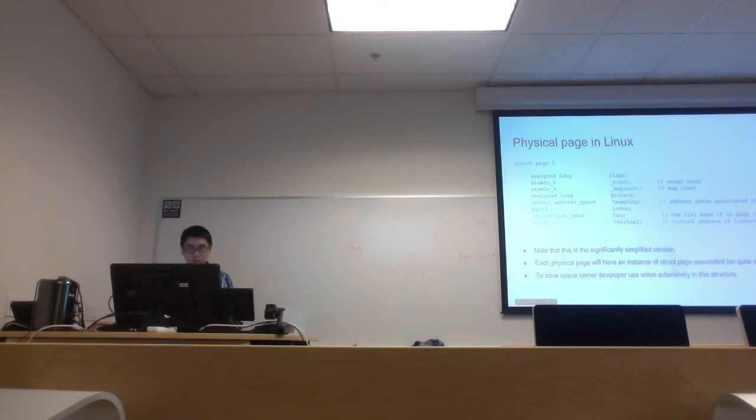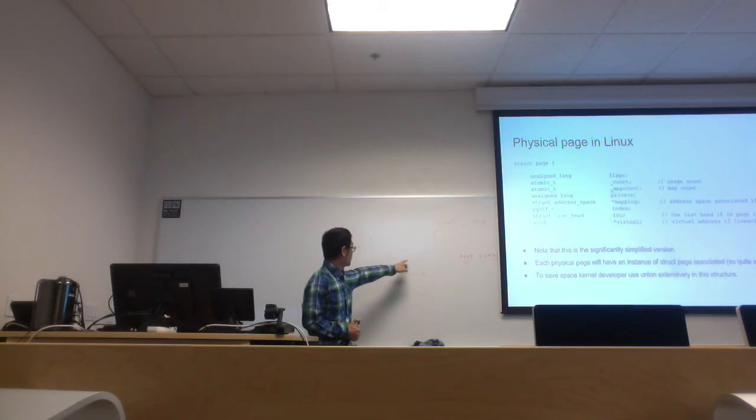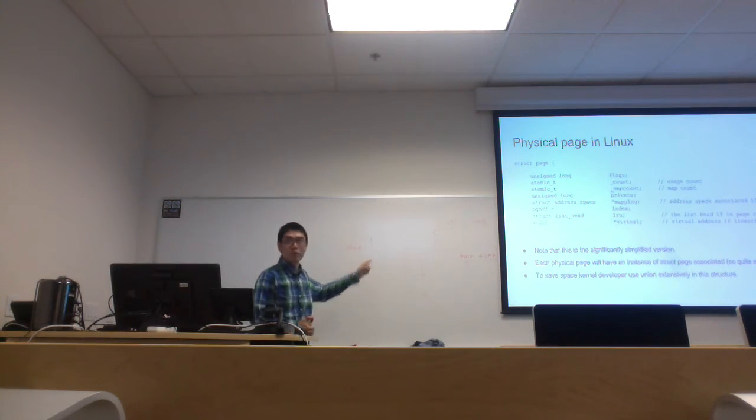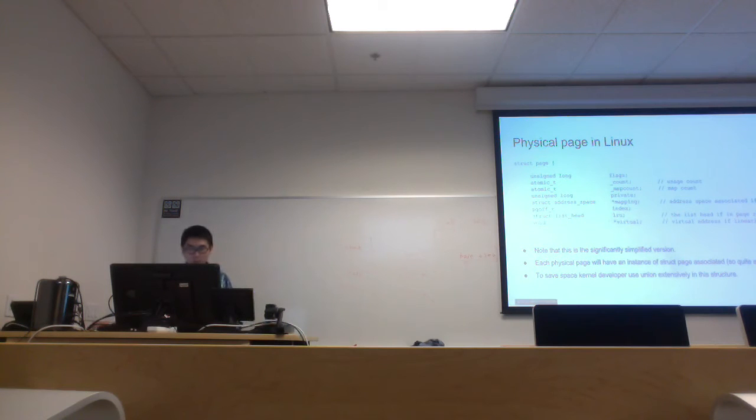So this map count denotes how many mappings there are for a physical page. And the mapping field is an address space, associated if the physical page is in the page cache.